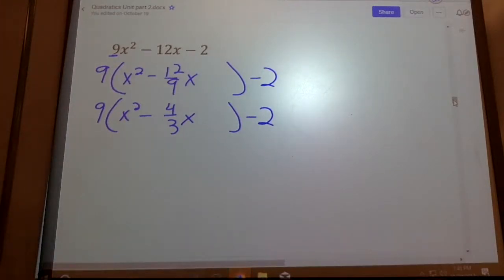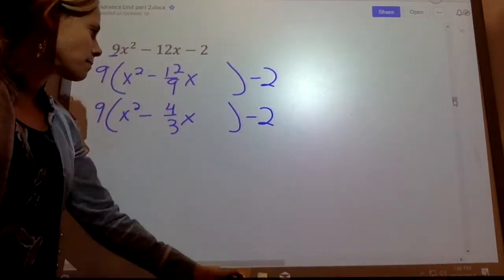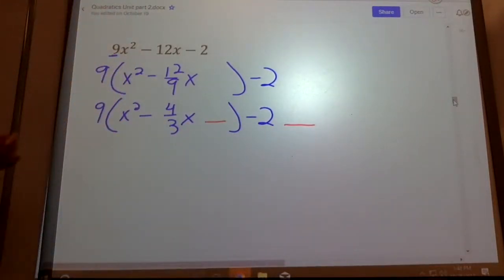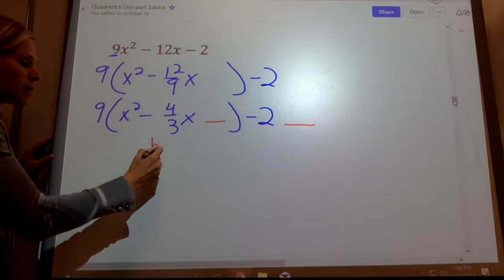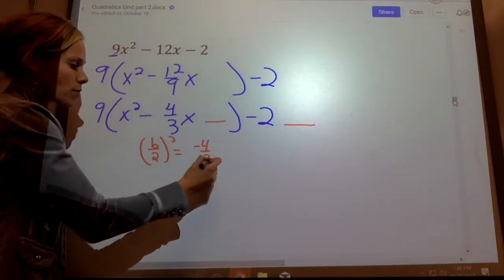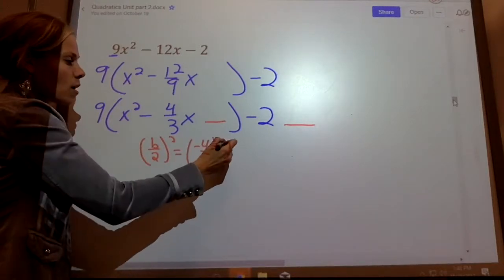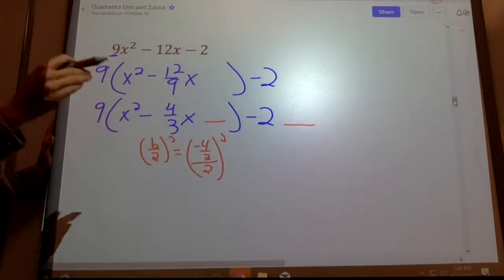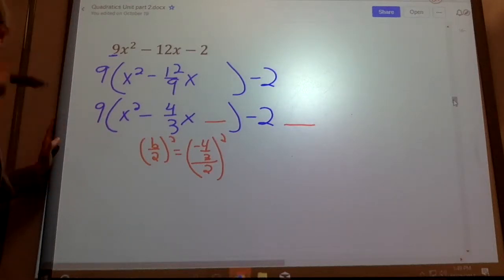Now, when we have a fraction as a b term, and I have to figure out what I'm putting in those spaces, my rule is b divided by 2 squared, which would be negative 4/3 divided by 2 squared, which is very messy. So what you need to remember is dividing by 2 and multiplying by 1/2 is the same thing.